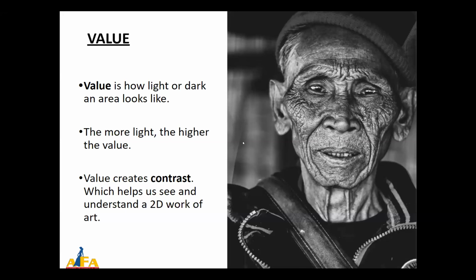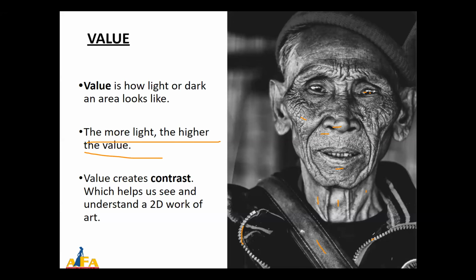You know that editing is possible on your phone. What we have written here: the more light, the higher the value. Can you see these sources of light here? Can you see these shiny areas? Tell me, is it adding value to this artwork? Now just check, if we take all the light out of it, this will just become a black piece of art.